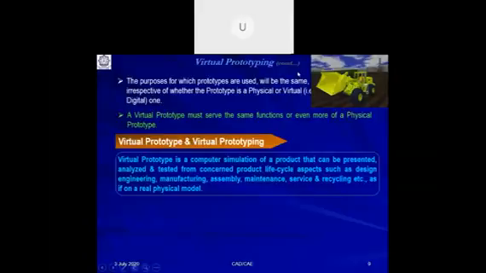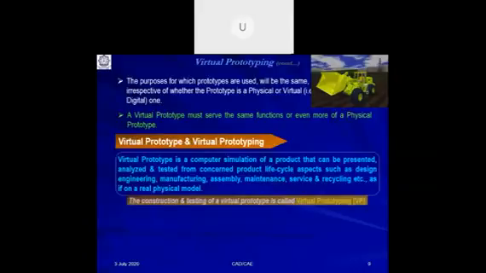So that is why a virtual prototype is a computer simulation of a product, that means the digital product, that can be presented, analyzed, and tested from the concerned product life cycle aspects, such as design, engineering, manufacturing, assembly, maintenance, service, and recycling, as if you are carrying out over the physical model.